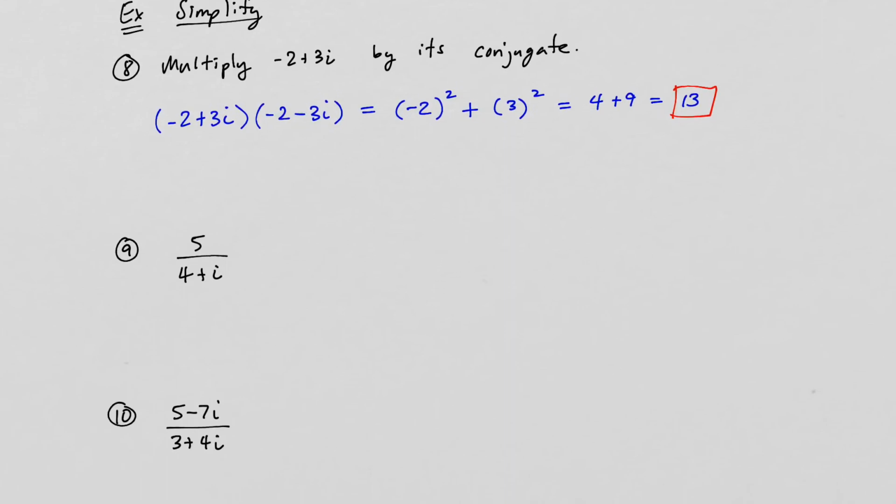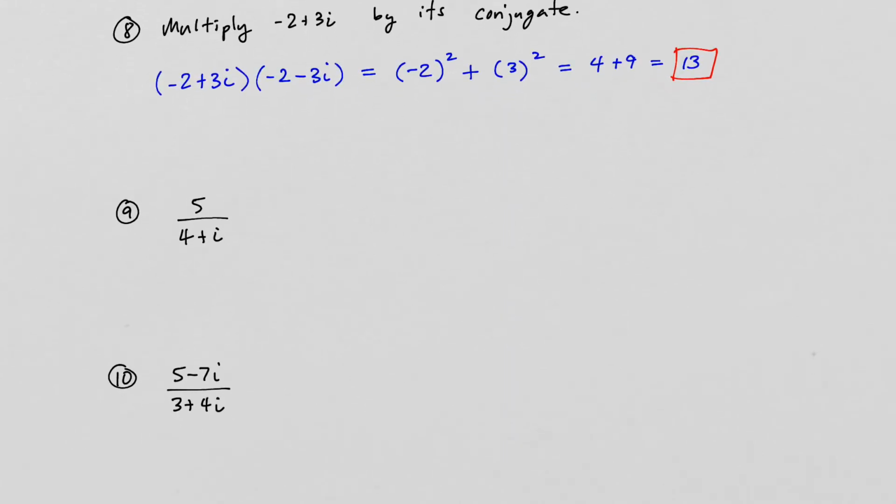Okay, for our next example, we're going to look at division of complex numbers. So how do we divide the number 5 by the number 4 plus i? Well, it turns out we don't actually do the division. What we do is we use a trick. We use a shortcut.